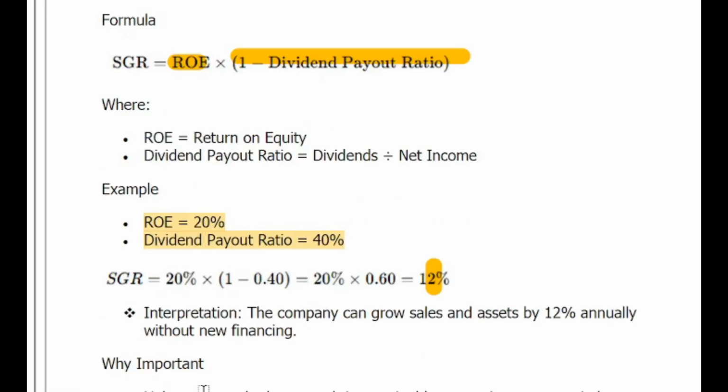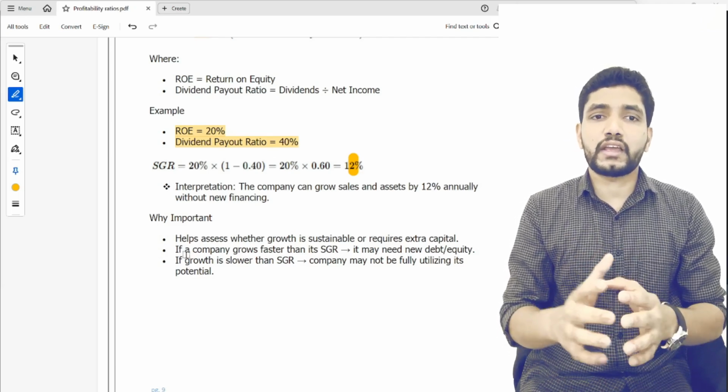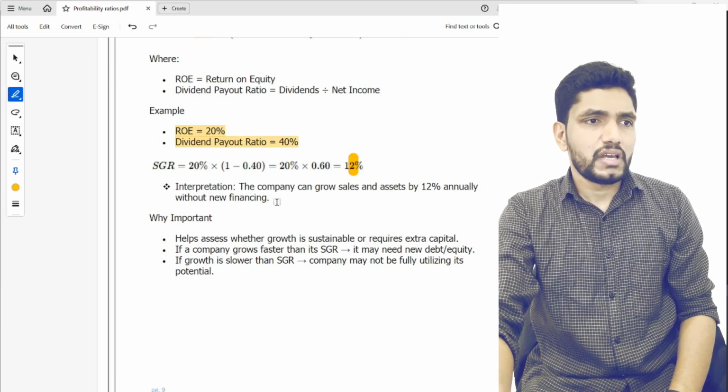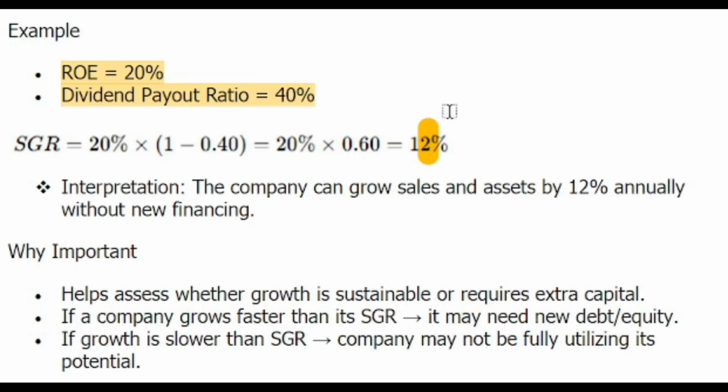So why is this important? This helps assess whether company growth is sustainable or requires extra capital. That means the SGR helps measure whether the company can grow sustainably or requires extra capital to grow. If a company grows faster than its SGR, it may need debt or equity. Assume the company is planning to grow 20%; then it requires additional capital, since with this SGR the company can grow only 12%.